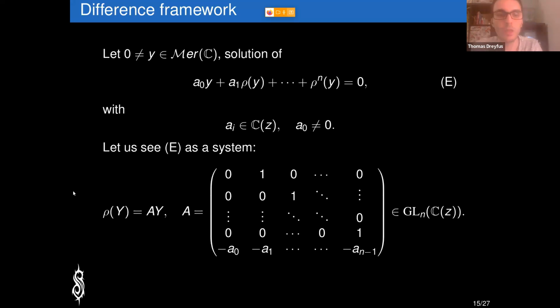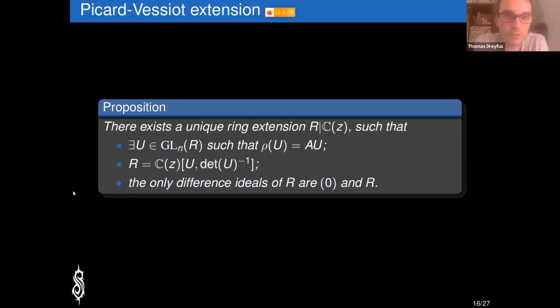Okay, and the Picard-Vessiot extension, which is the analogue of the splitting field for difference equations, tells you that you have a unique ring extension R such that you may build a fundamental solution inside R. It means that you have U, a matrix with entries in R that is invertible, that is a solution of your functional system on R, and R is generated over C(z) by U and the inverse of the determinant.